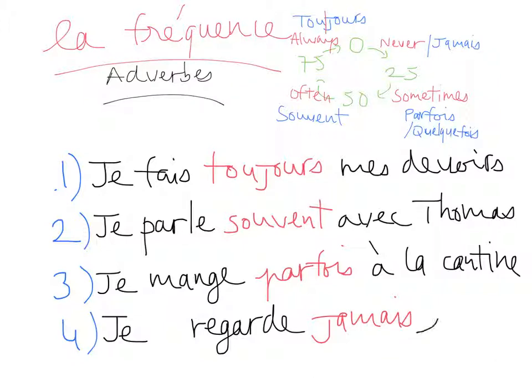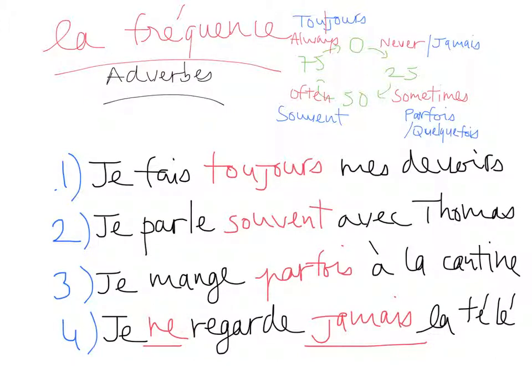If you write this in French, your sentence is incomplete. You will need to add ne. Okay, this works like a negative, like ne pas. So je regarde jamais is incomplete. It's understandable. If you speak, you can say that. But if you write something down, you will need that ne.